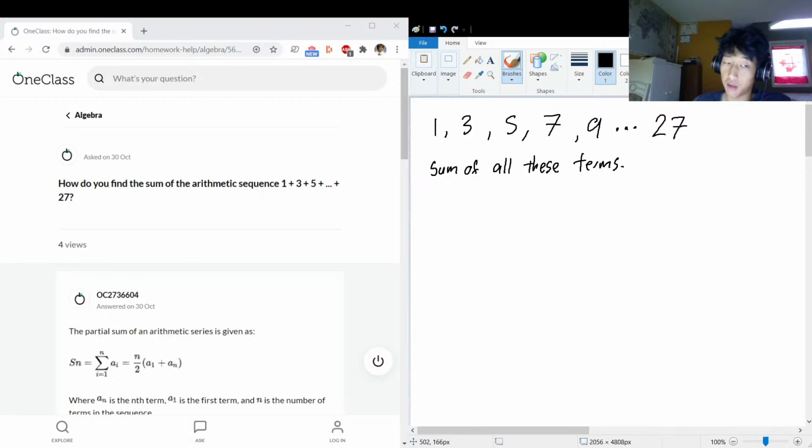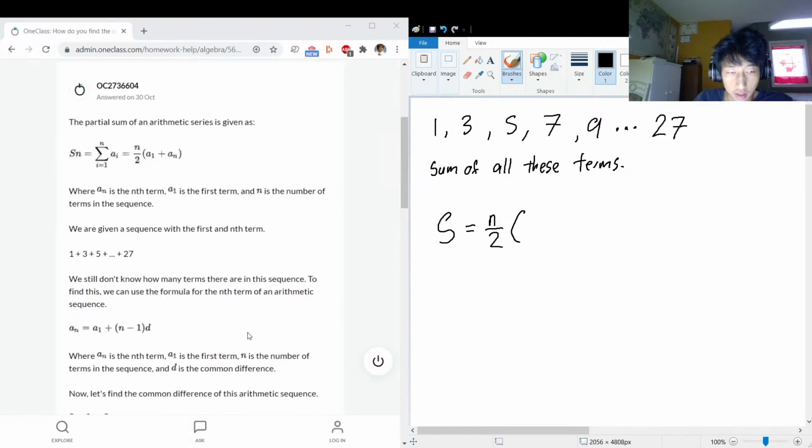Now the partial sum of an arithmetic series is the following equation. So we know that we can say S for sum is equal to n over 2 times, I'm going to use the other equation that they have.